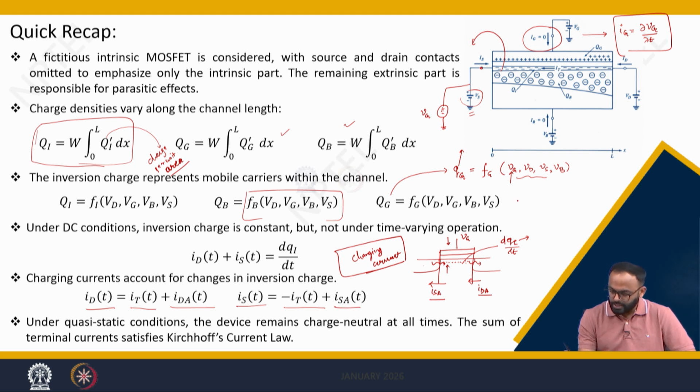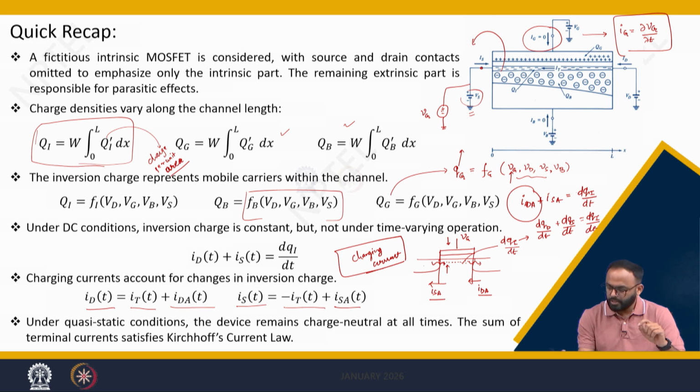There we have also discussed that IDA plus ISA is nothing but delta Qi divided by delta t, where corresponding to these extra currents we defined some fictitious charges associated with them. We said that dQd/dt plus dQs/dt is equal to dQi/dt.